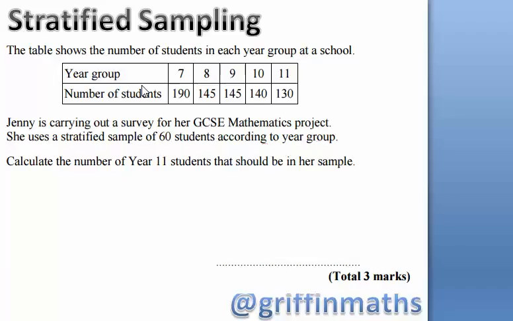Stratified sampling is a popular question on the GCSE math exam, and it involves taking a sample of students in proportion to the population.